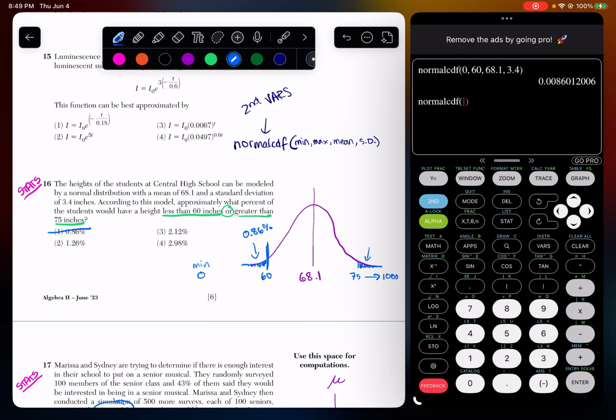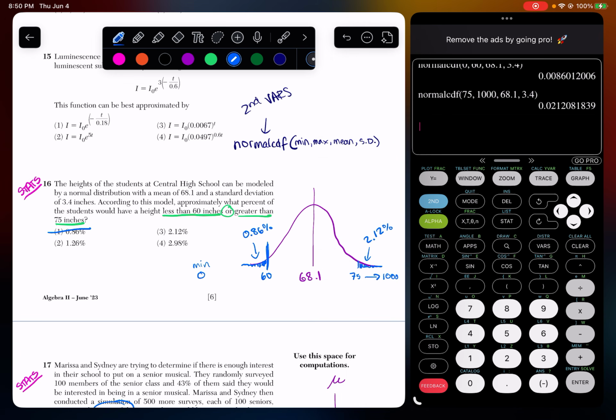I want everything from 75 to 1,000 if my mean is 68.1 and my standard deviation is 3.4. So that upper group is 0.0212, which gives me 2.12%. I have 2.12% up there, 0.86% down here.